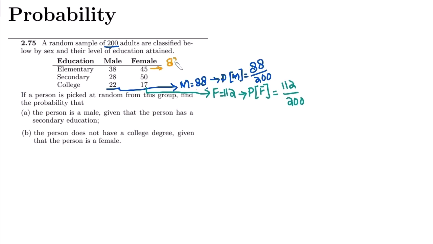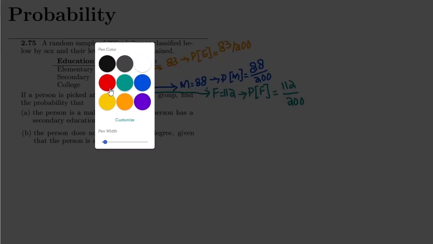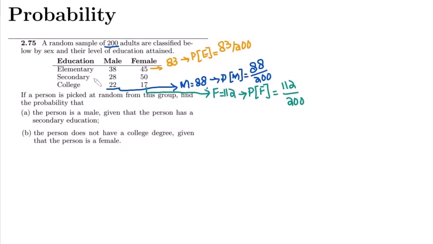The probability of elementary education would be 83 divided by 200. Similarly, using this red color for the secondary education, adding 28 plus 50, we get 78. The probability of the secondary education here would be 78 divided by 200.